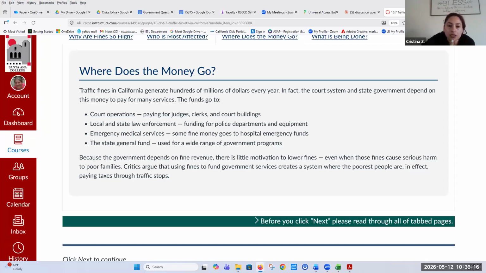Local and state law enforcement, funding for police departments and equipment. Emergency medical services, some fine money goes to hospital emergency funds. The state general funds used for a wide range of government programs.